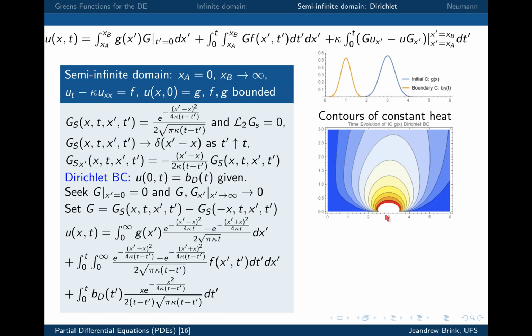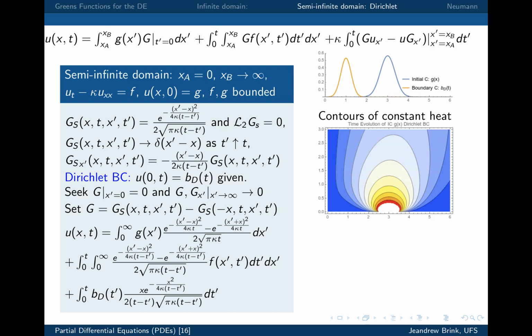So here you again can have this initial heat spike over here, and then the heat flows in, 0 on the boundary. And so what I'm going to do now, just to show you what the boundary condition is like, is suppose I have a boundary condition like this in time. Also just a Gaussian once again, because it's easy for me to do the integrals and illustrate things.